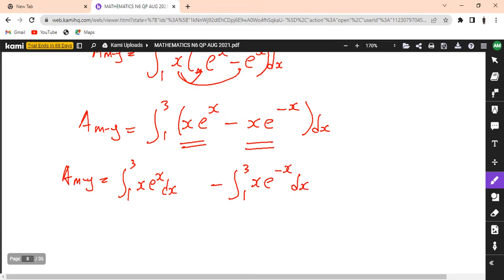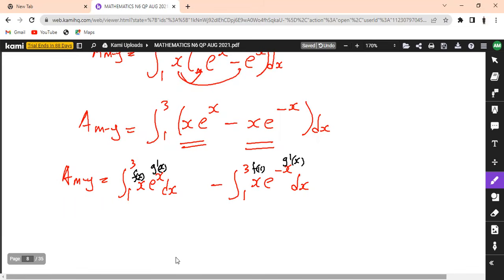As you can see, if you are to use by parts here, this is your f of x, and your g prime x. So we can take from the formula and apply it directly.